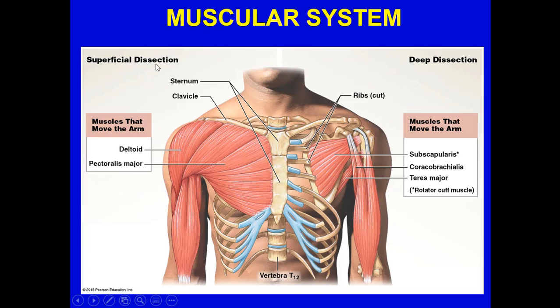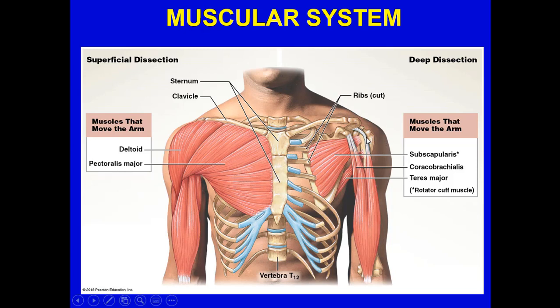Here we have the superficial dissection, deltoid, pectoralis major. Notice that a lot of this is attached to the clavicle. It is also attached to the sternum. Muscles that move the arm underneath in the deep area: the subscapularis, which is right here.